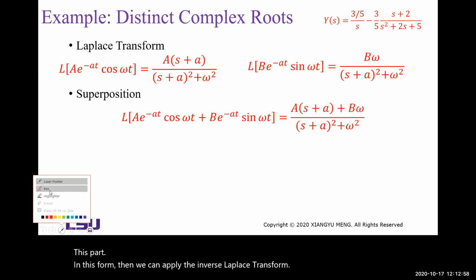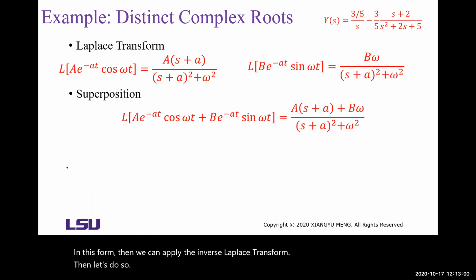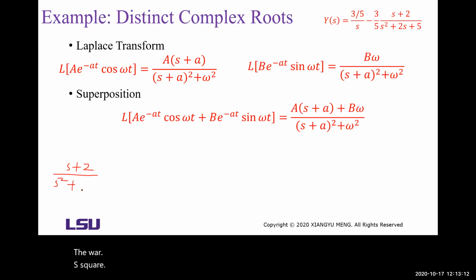Then let's do so. We have s plus 2 over s squared plus 2 times s plus 5.